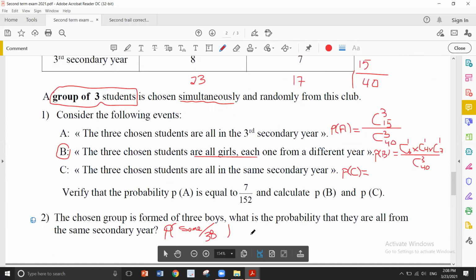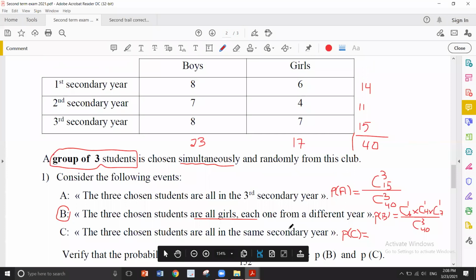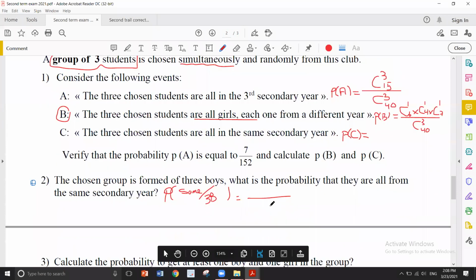How to solve it? What's the total here? Total is total of boys. How much is the total of boys? 23. Yes.